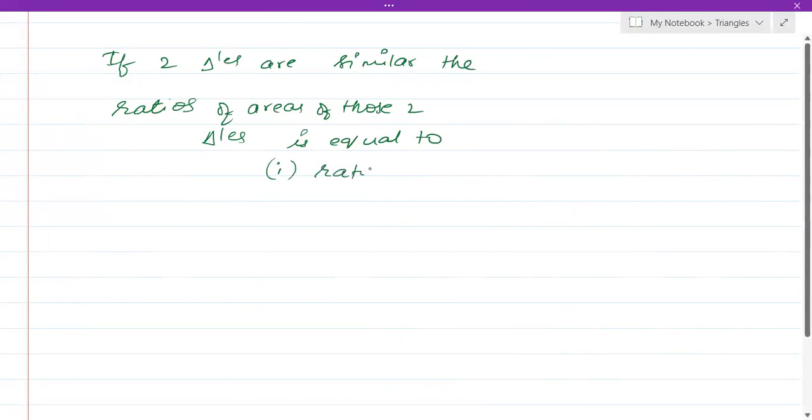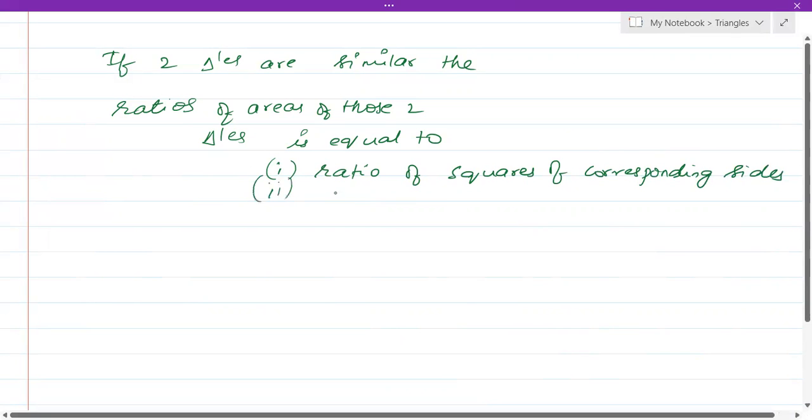First one is ratio of squares of corresponding sides, or we can also say that it is equal to ratios of squares of corresponding altitudes, or we can also say that it is equal to ratios of squares of corresponding medians.